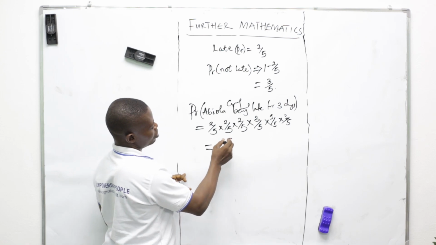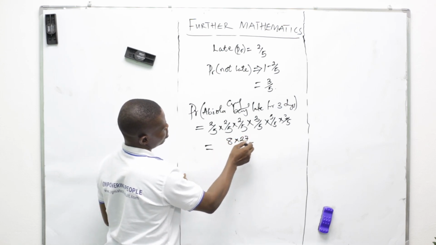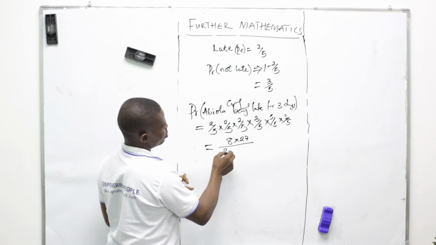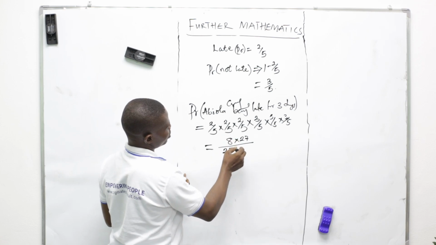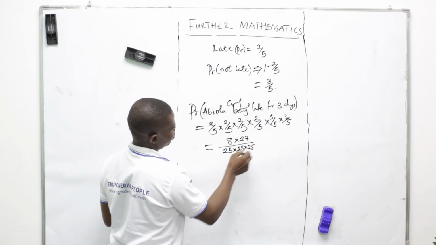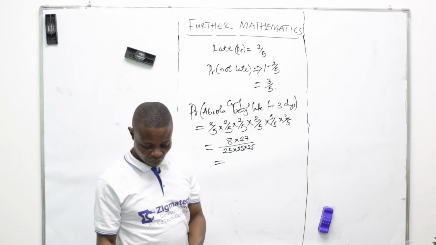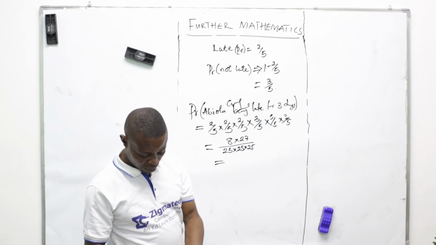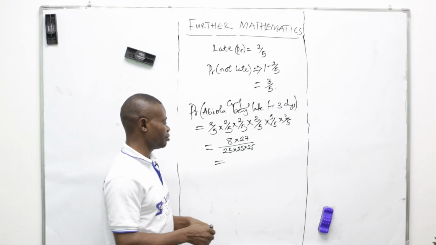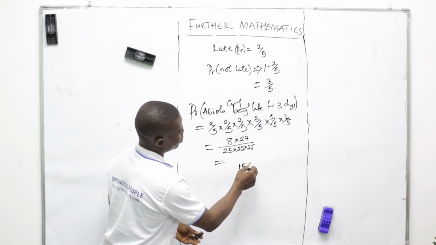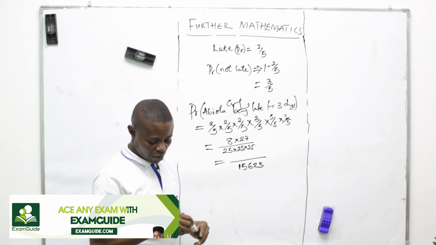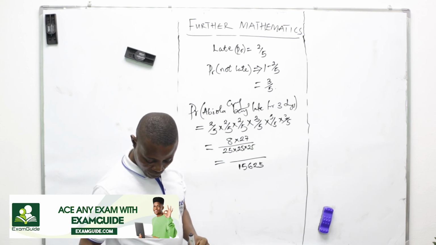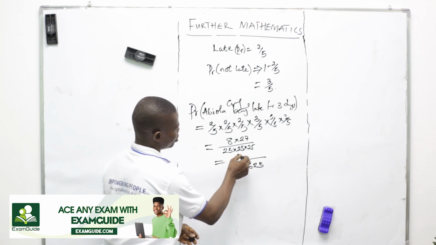This will now give us 8 times 27 all over 25 times 25 times 25 times 25 times 25 times 25, which was 15625. 8 times 27 is 216.